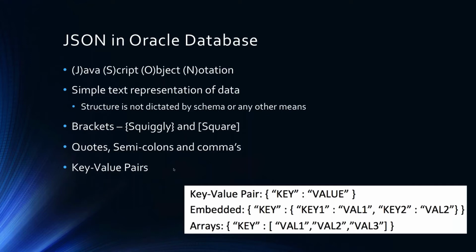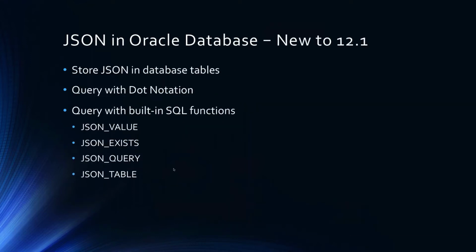All right. So let's talk about the features available in Oracle Database, starting with 12.1 in JSON. In 12.1, the big introduction was the ability to store JSON in the Oracle database, and we'll do a demo of that, and access it via SQL.